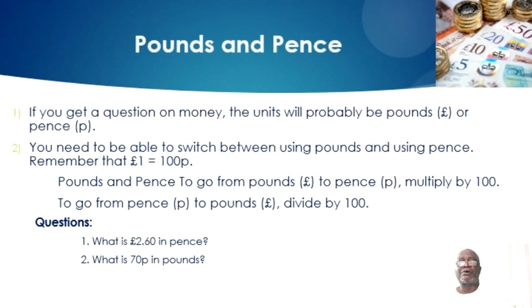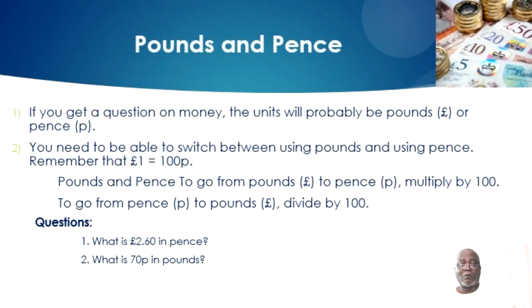Like I told you earlier on, it's always useful to understand the meaning of words when you're doing maths. That way, you know what you're doing. If you get a question on money, the units will probably be pounds or pence. You need to be able to switch between using pounds and using pence.